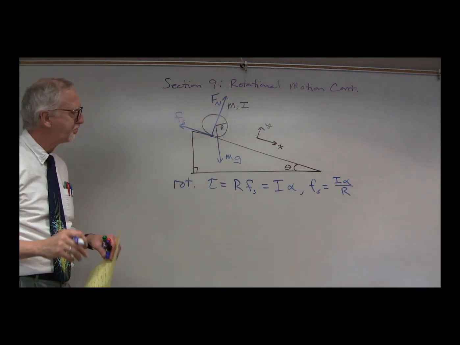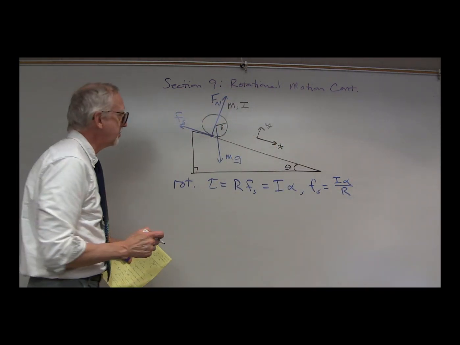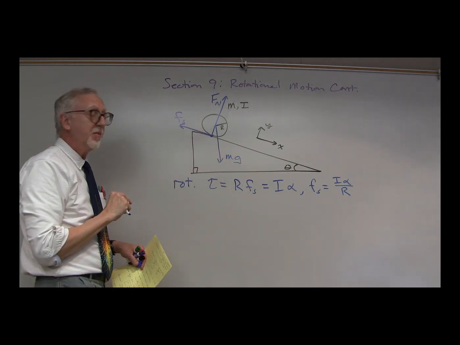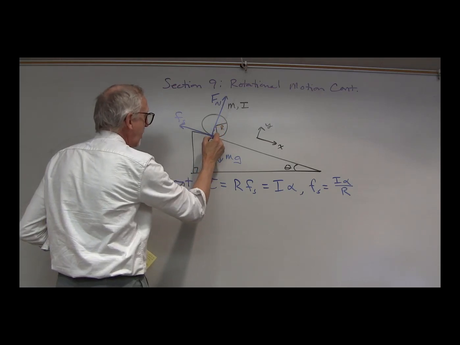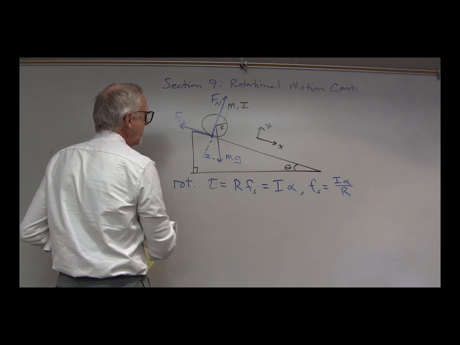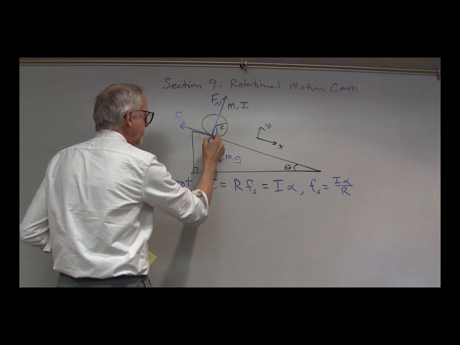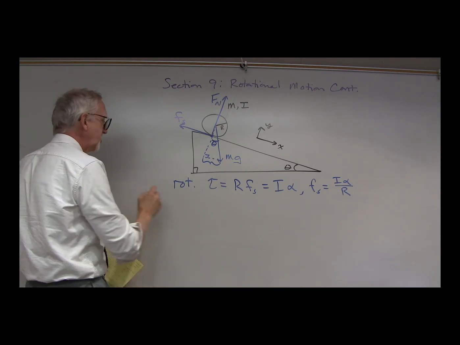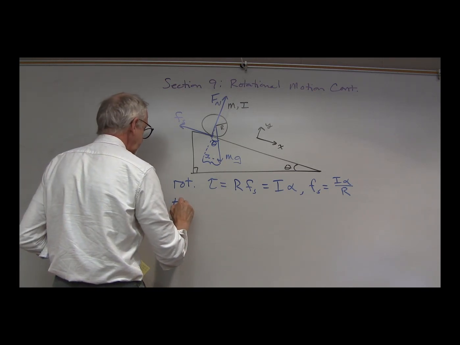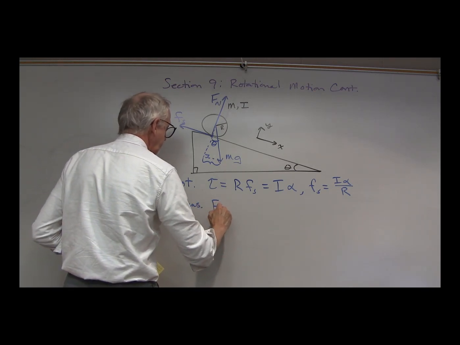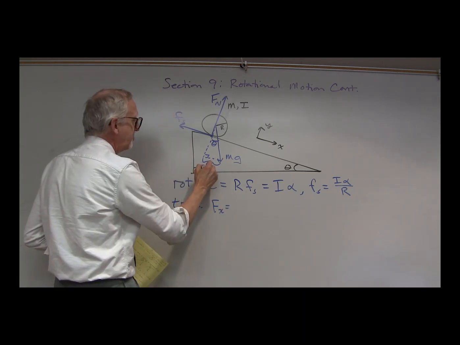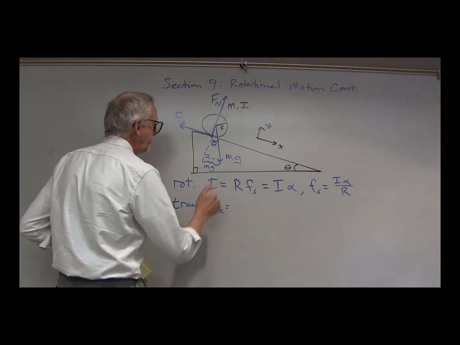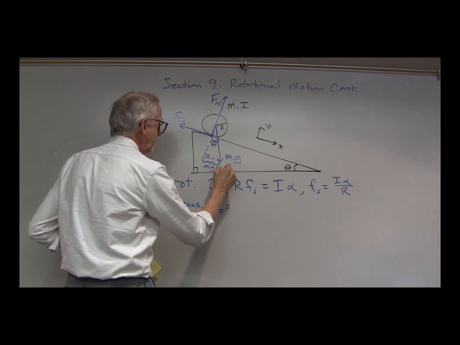Okay, there we go. Now let's look at the translational motions. What forces are going to be accelerating the wheel down the incline? Well, we're going to have to break down our weight. So if that's theta, this is theta. And this is the force acting down in the x direction. We'll look at the forces in the x direction. This will be mg sine theta.